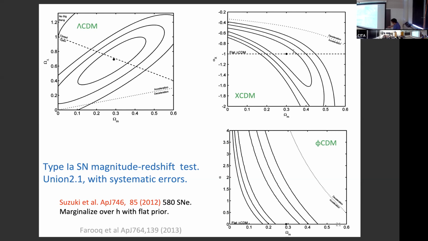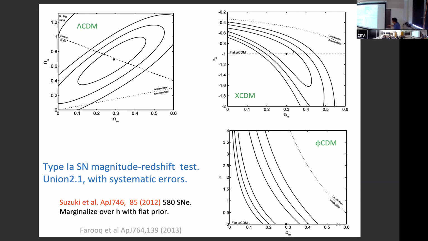And at this line over here at alpha equal to 0, that's the flat lambda CDM model. So any model that lies, say, over here with an omega matter of 0.1 is identical to this model over here with omega matter of 0.1, and it's identical to this model over here with omega matter of 0.1. And so you can tie these 3 models together that way.